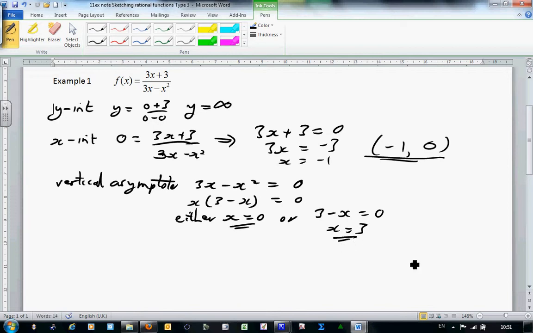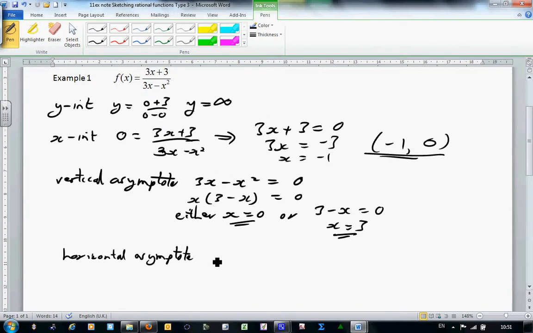Horizontal asymptote. We're going to use the same method that we used before, and look at what happens when x gets really big or really small. What we said was, let's have a look at the 4 terms, and there they are.